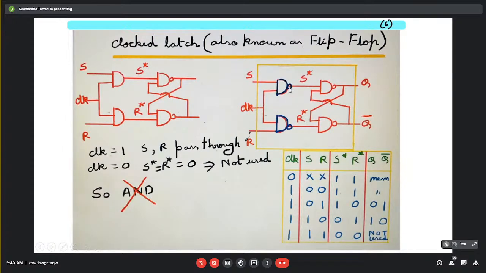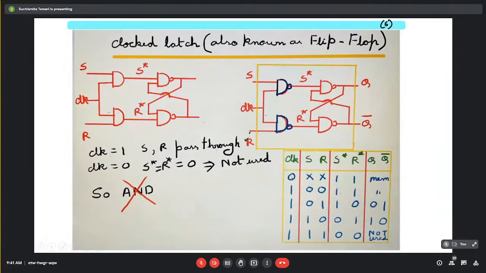Instead, if we use NAND gates, that means when it is 0, the output will stick to 1. And when it is 1, the complement of this, if it is 1, then it will be 0, and if it is 0, it will be 1. The complement of these inputs are actually propagating. So here if we try to write the characteristics table, what will it be?